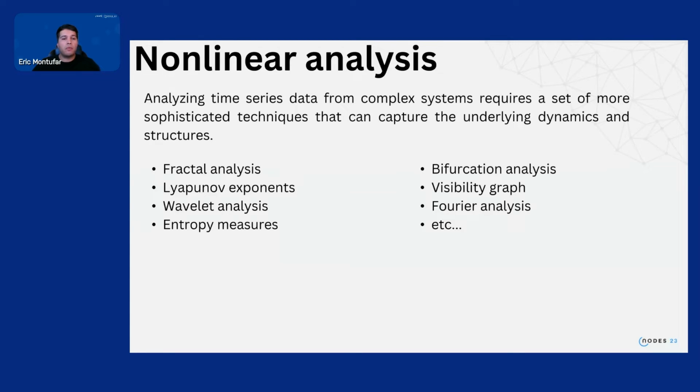These are usually more computationally expensive, but they allow us to get deeper insights into what's actually going on. We can do fractal analysis, wavelets, entropy measurements, and also analyze the frequency of the time series, and these give us different measurements from the event.